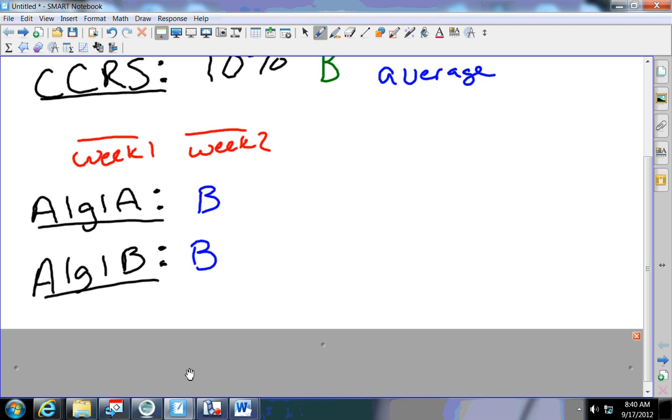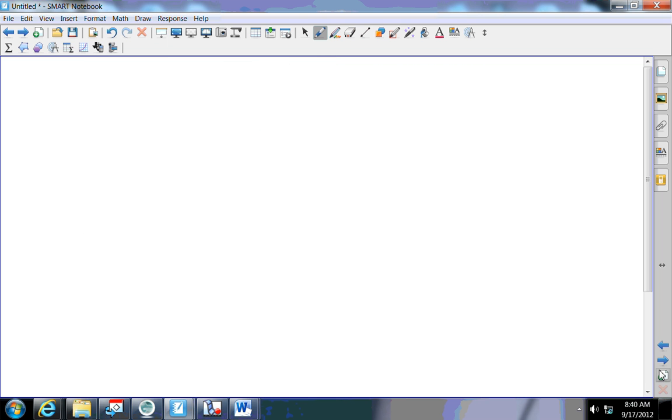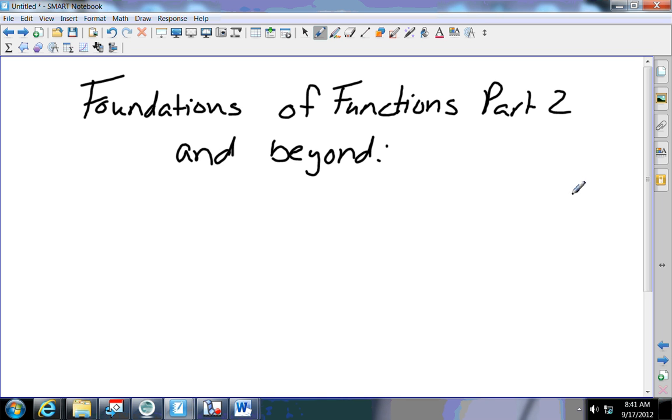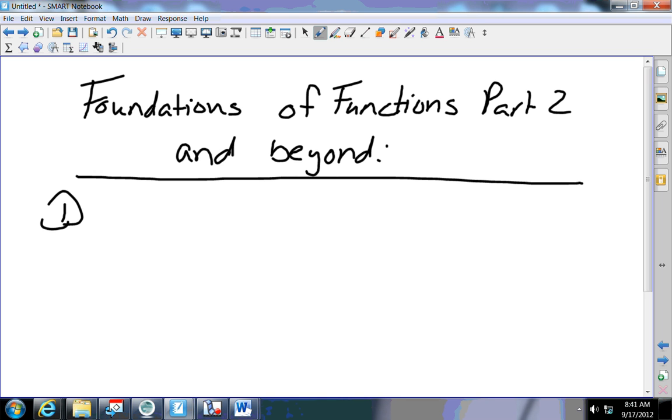Now, in the future, on the remaining units from Foundations of Functions, Part 2 and beyond, to be able to reassess, you must bring in the graded test.